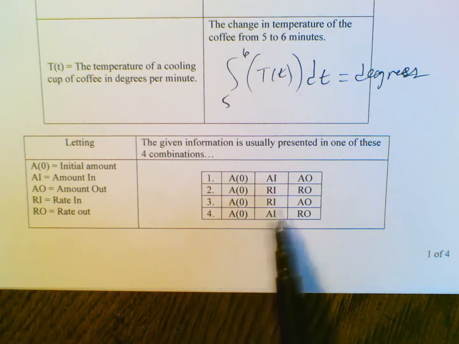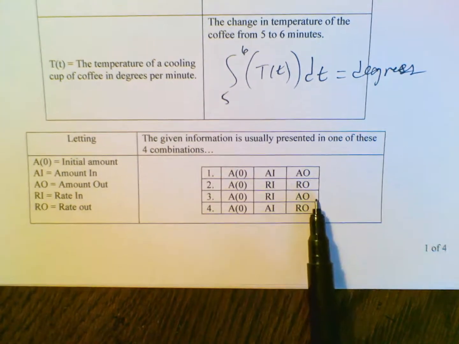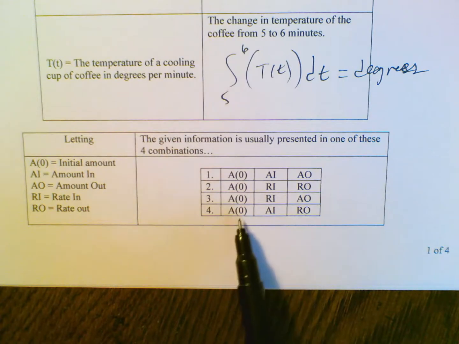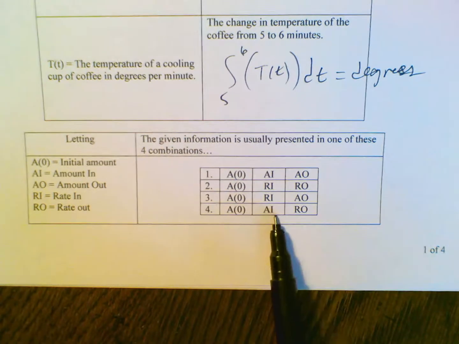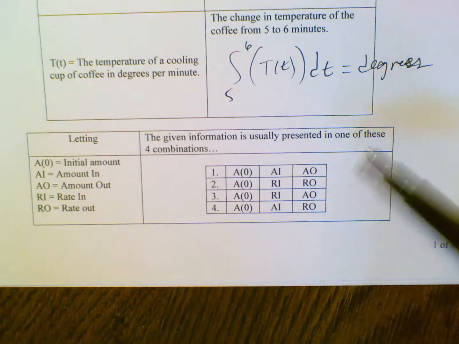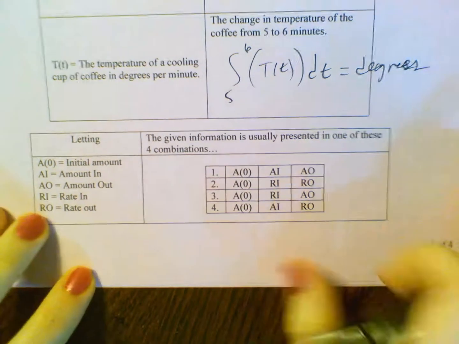Initial amount again, but then with the rate at which something is going in and the amount that has come out, or the amount that has gone in and then the rate at which something is coming out. All right, and to do these problems, it helps to consider which of these cases you're dealing with, and I will show you how.